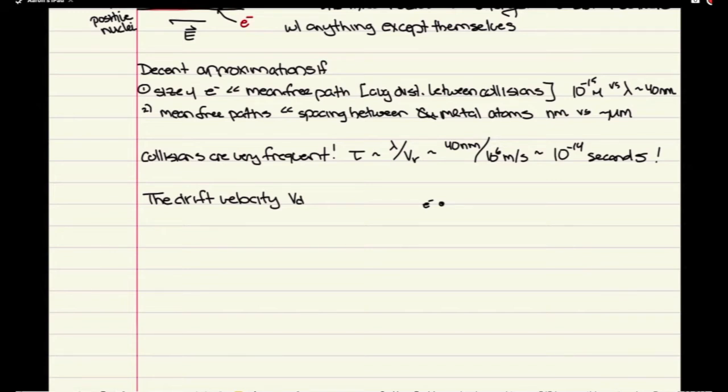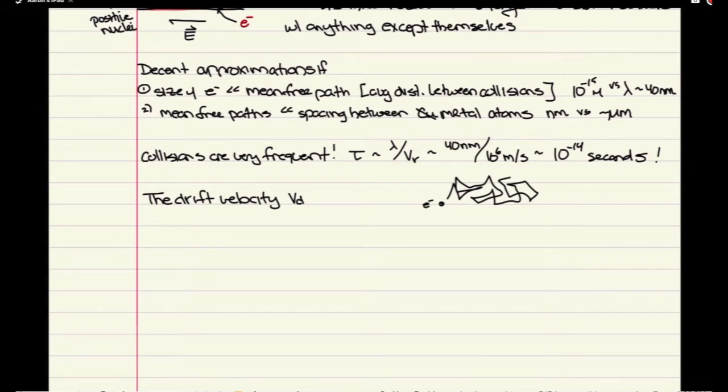Every time it collides with another electron or with something else, its velocity is essentially completely reset. It has a new velocity that it randomly draws from a thermal Maxwell-Boltzmann distribution of velocities. And since that happens a lot, its velocity is constantly being reset.